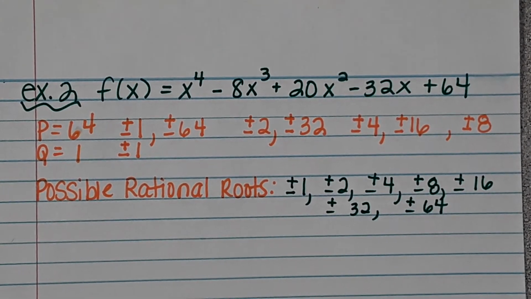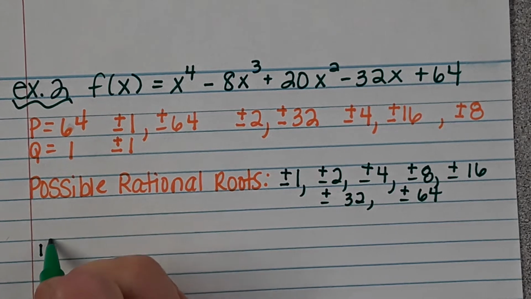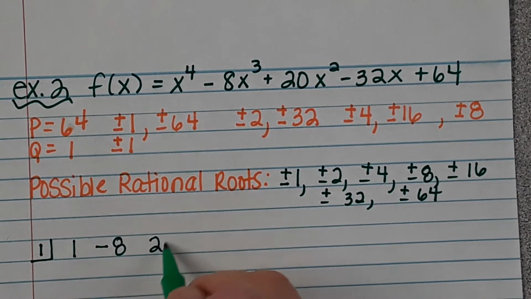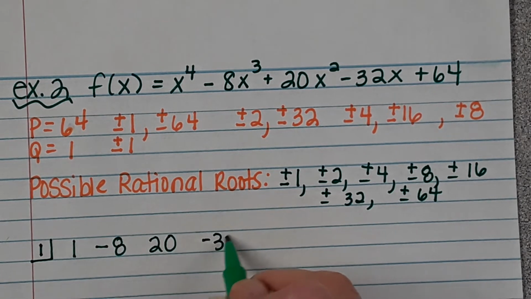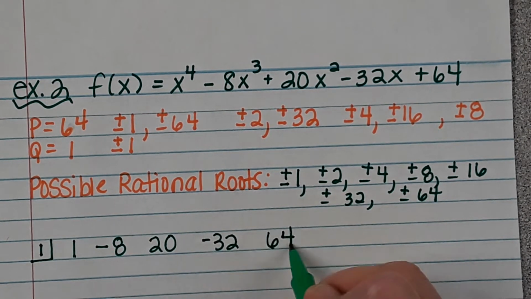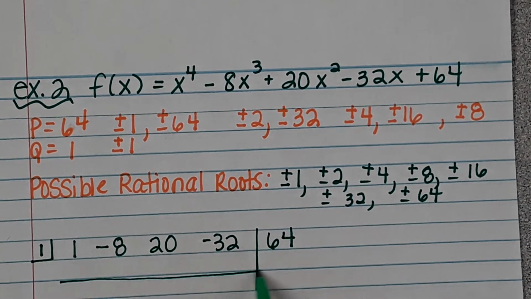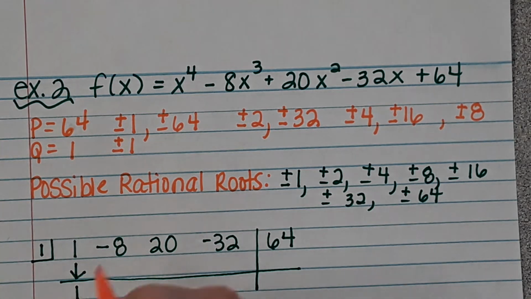So we're going to test 1. We have 1, negative 8, 20, negative 32, and 64. So let's go ahead and test it. One times 1 is 1.